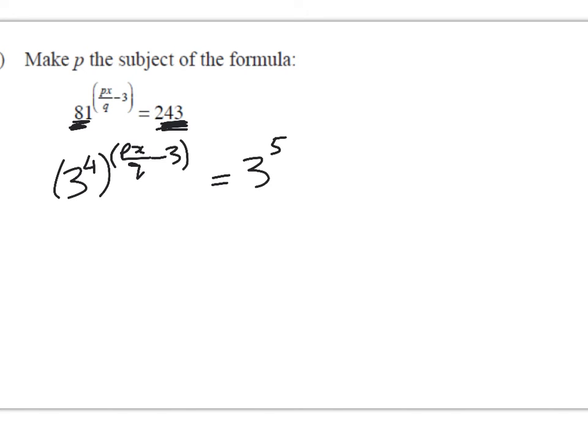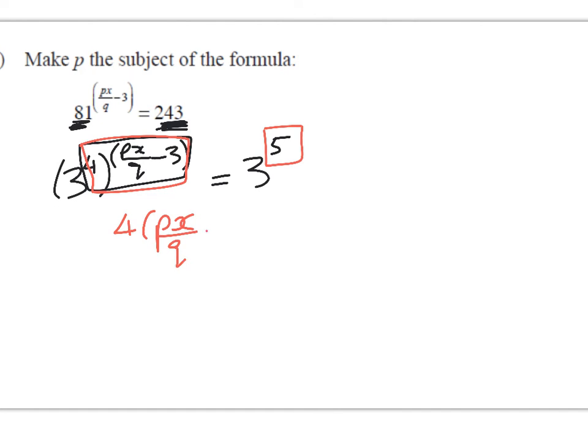Now we've got the same base, so for those two things to be equal, the powers, oops, change the pen colour, the powers must be equal. So 4 times px over q minus 3 equals 5. We can do a couple of things. We can expand it out first, or we can divide through by the 4. I'm going to expand out first, but it really doesn't matter.